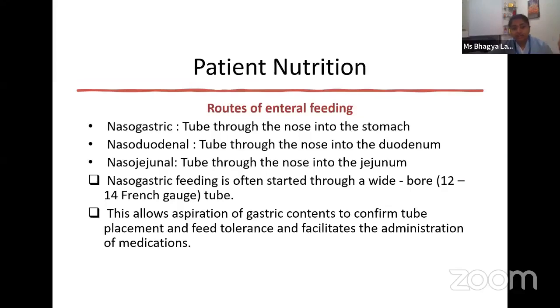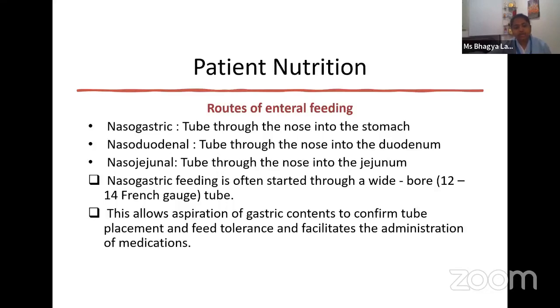As I have been telling from my first slide, nutrition plays an important role, because in feeding the patient, again, we are taking care of the patient completely. If the patient is on an oral diet, we are feeding the patient. If the patient is on enteral feeding, whether it is a Ryle's tube or intravenous TPN, parenteral nutrition also, we will be administering everything to the patient like a medication.